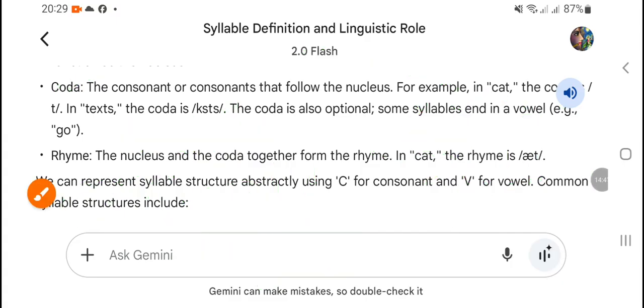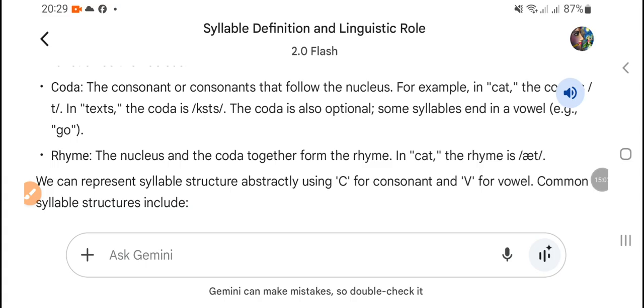Now, the consonant or consonants that follow the nucleus are called coda. For example, cat, right? In cat, T is the coda. In text, the coda is KST, right?